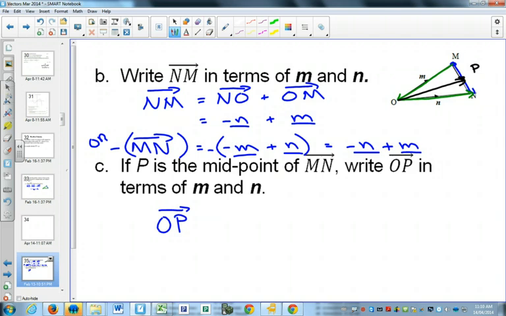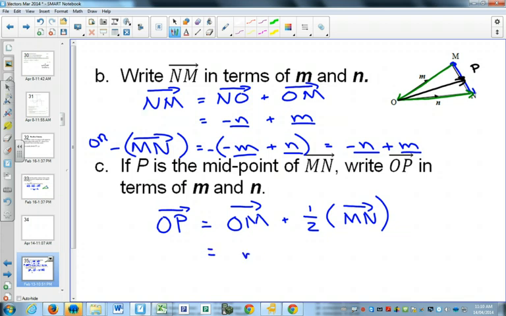If you wanted to start at O and get to P, does it make sense that you could first go to M and then go halfway from M to N? So now we put our things in here.